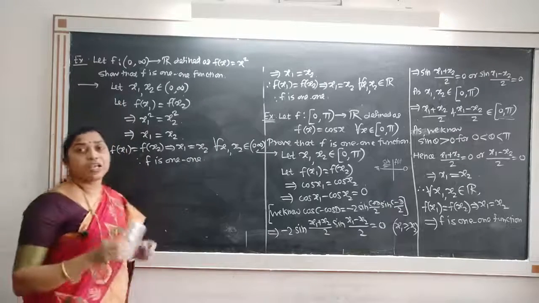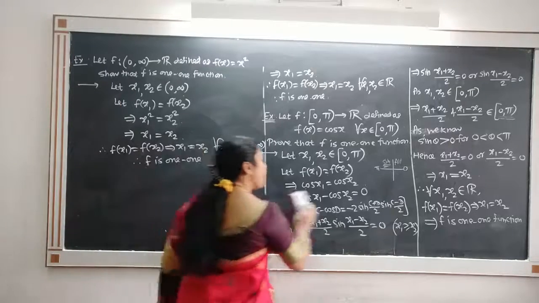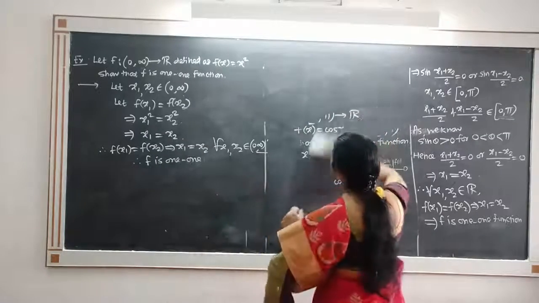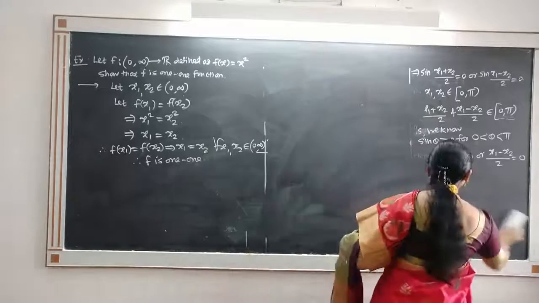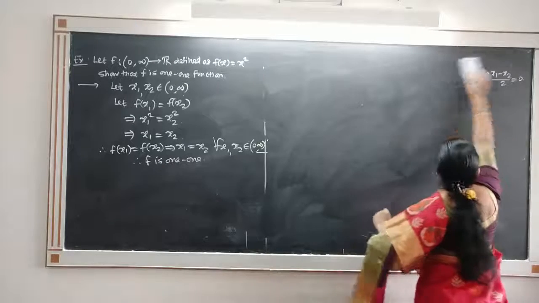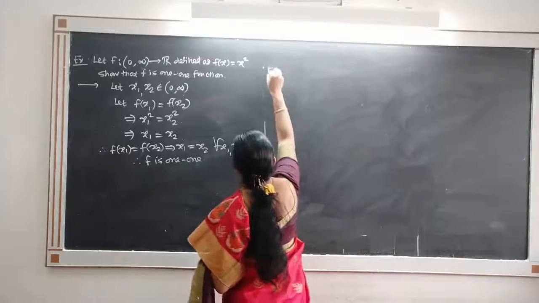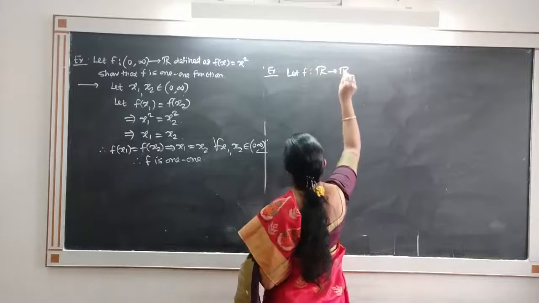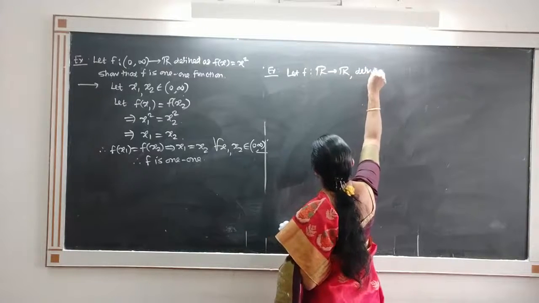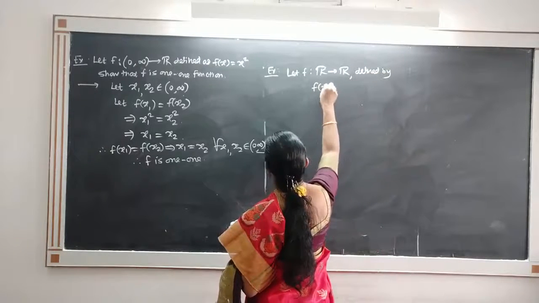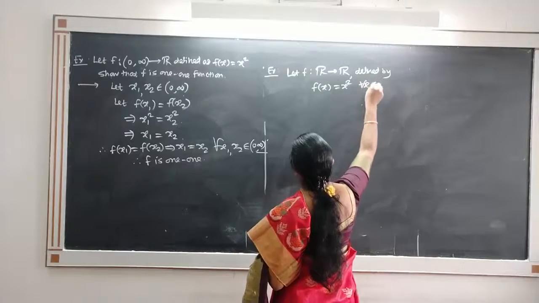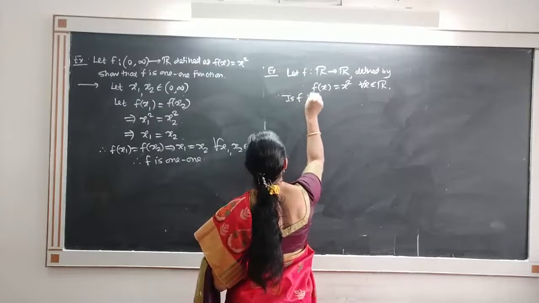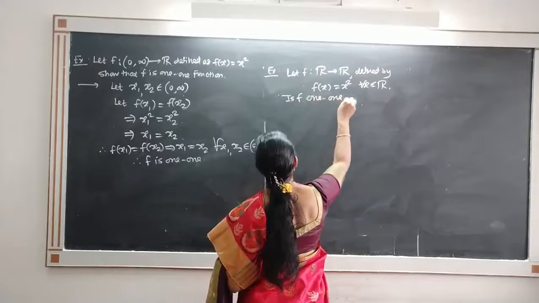Now see, I will only change the domain, the function stays as it is. See what will happen. So the domain affects whether the function is 1-1 or not. So consider the example. Suppose f is from R to R, that is a function on R defined by f(x) is equal to x square for all x belonging to R. We want to check whether f is a 1-1 function.